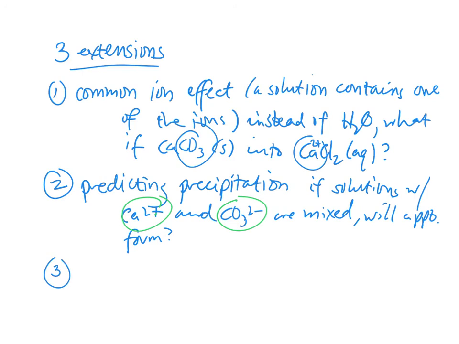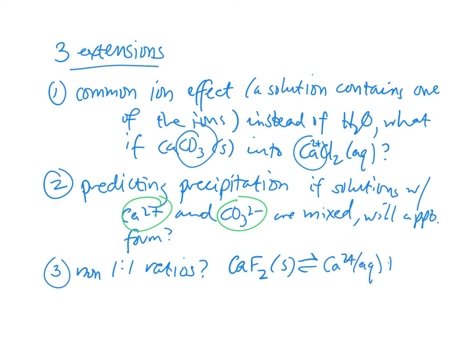And then the third thing is, what about non-1-to-1 ratios? So what if I have something like CaF2, and that relationship isn't all nice and easy and 1-to-1, because we've got the two F minuses in there. That means that KSP equals calcium 2+ times F- squared.